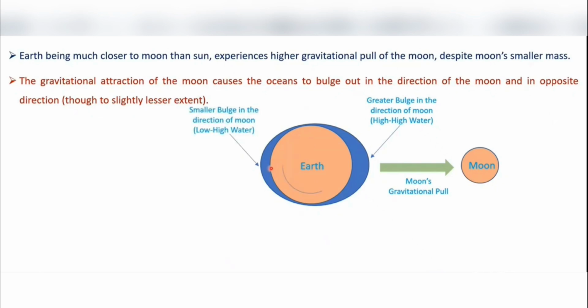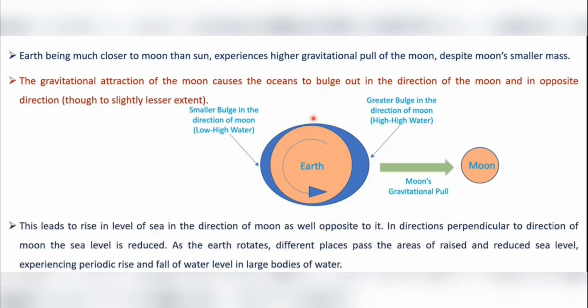We also know that Earth rotates from west to east. So as the Earth rotates, different points on the surface of the Earth shall be passing these areas of high water, and also these areas in the perpendicular direction, the areas of low water, and accordingly these places shall experience the change in the level of the water bodies, and this is going to be periodic.